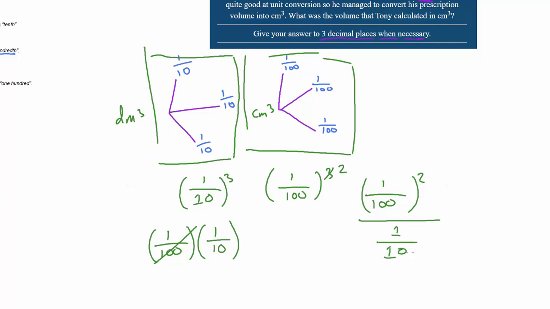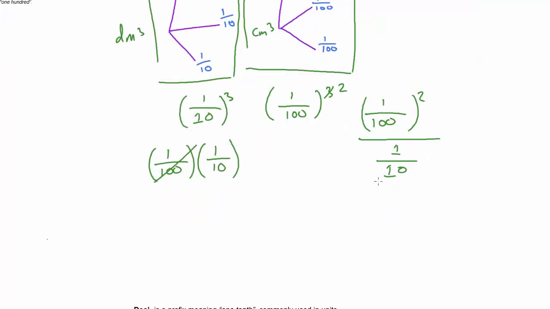Now 1 over 100, as we may quite clearly see, is effectively the same as 1 over 10 multiplied by 1 over 10 multiplied by 1 over 100.